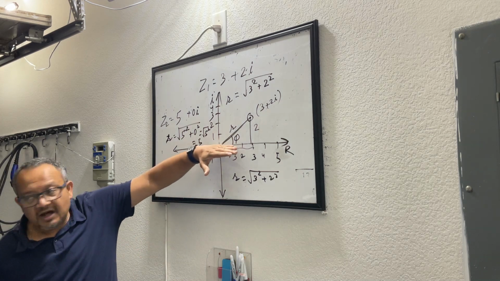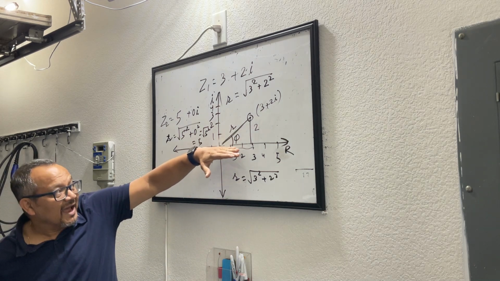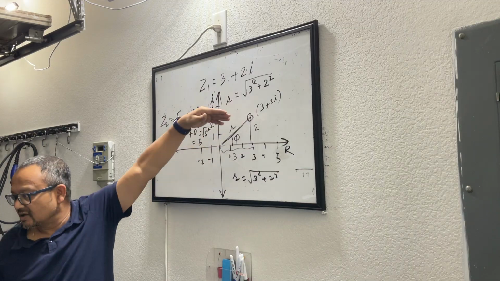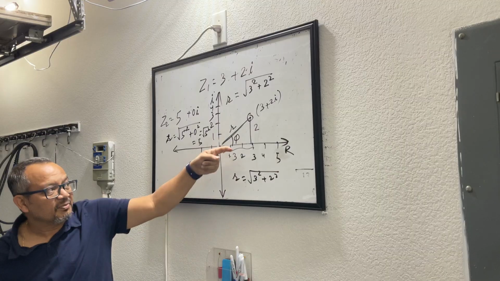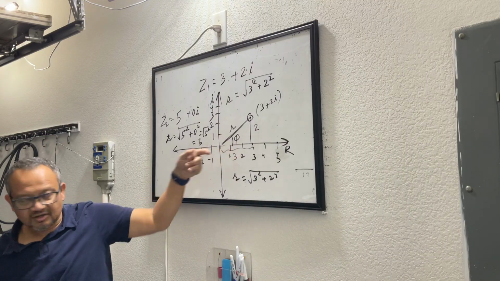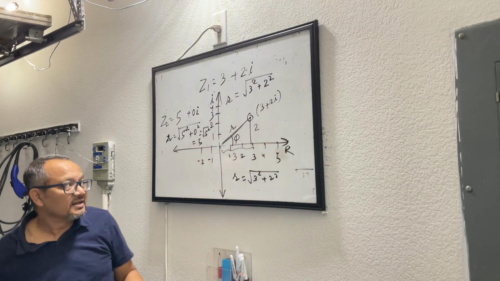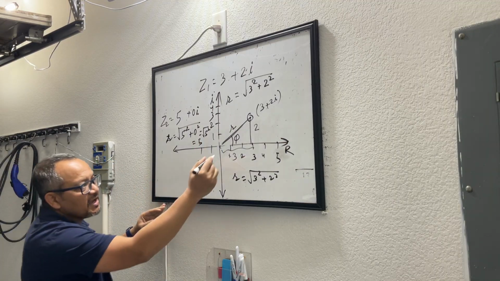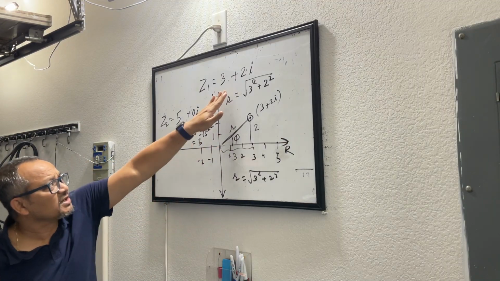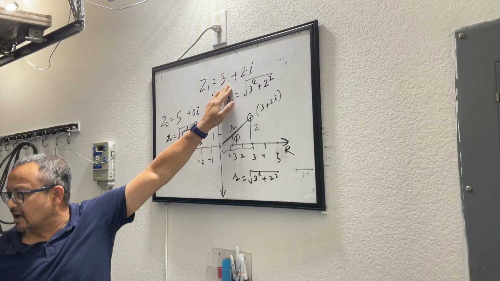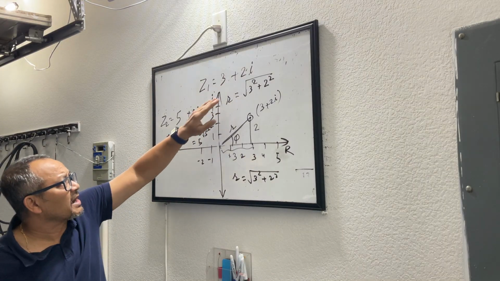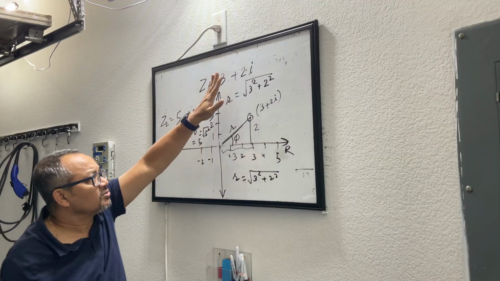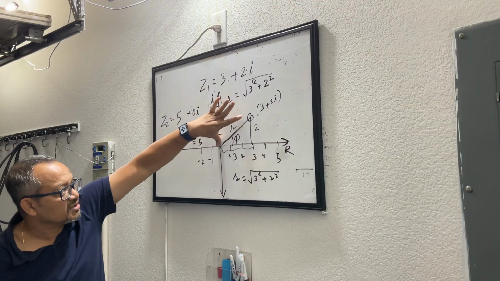Basically, the argument is nothing but the angle that this line joining origin and the complex number makes with the positive of the x-axis or the real axis. Now if somebody says find out the magnitude and the argument of a complex number, you will say my magnitude is the square of this plus the square of this, added together, and then the square root, which is this distance.